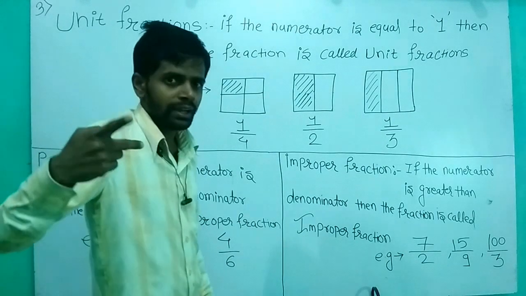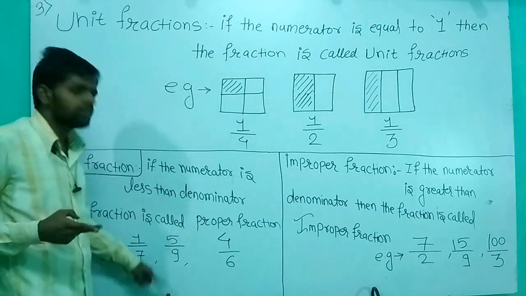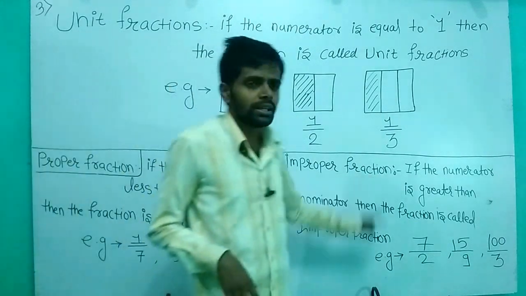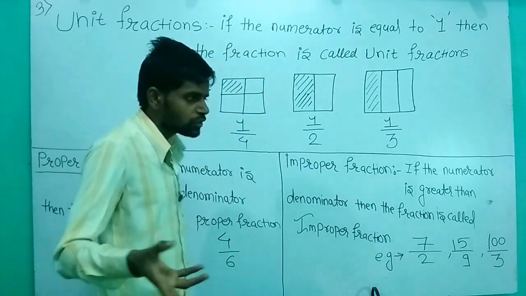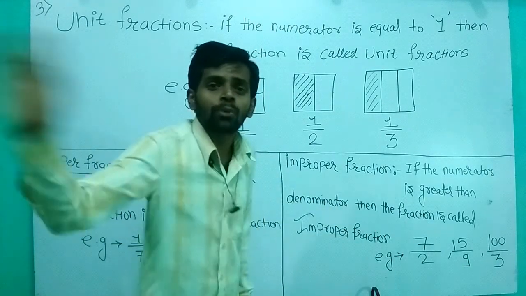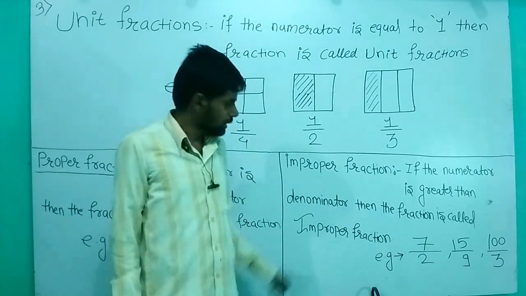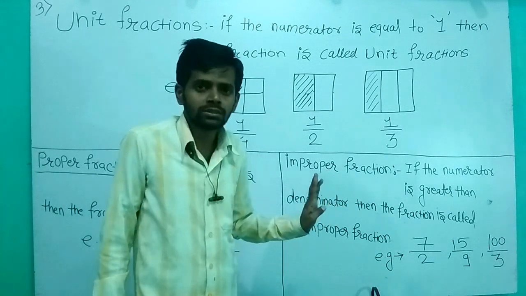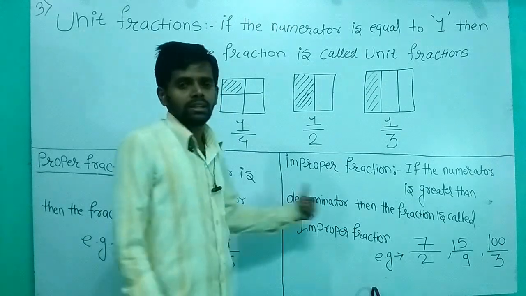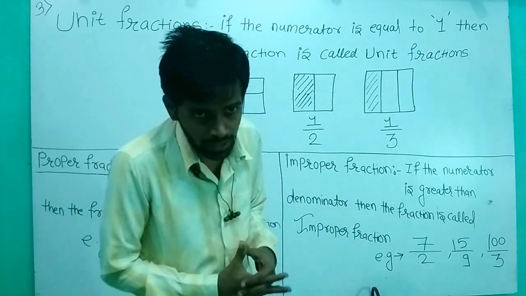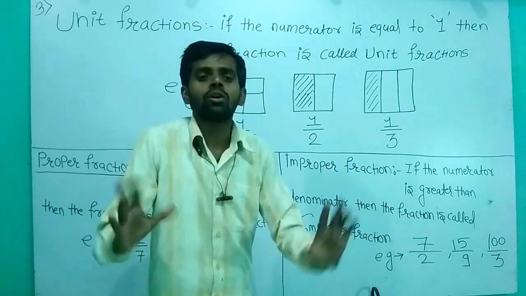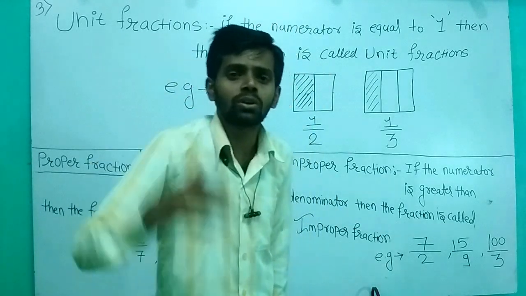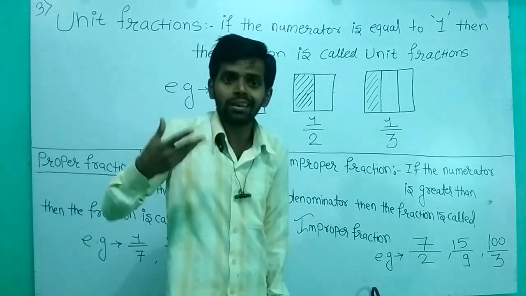Proper fraction वो है जिसका numerator छोटा और denominator बड़ा है, that is called a proper fraction. Then there is an improper fraction. Improper fraction means what? There is not a proper way to write a fraction. ये proper तरीका है ही नहीं, ठीक है, but it is a fraction. इन दोनों को लेकर के साइंटिस्ट लोगों में बहस छिड़ गई थी कि whether 7/2 is representing a fraction or not, क्या 7/2 fraction है भी या नहीं है.